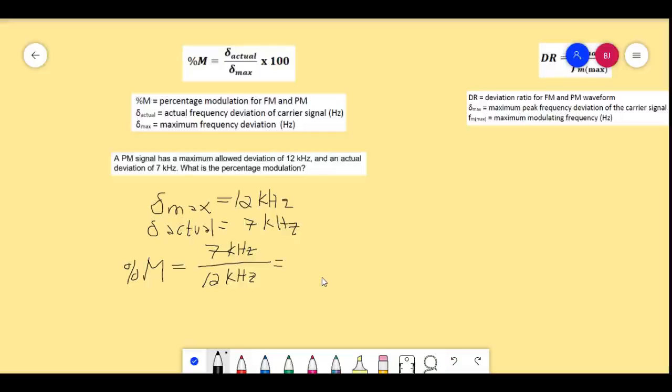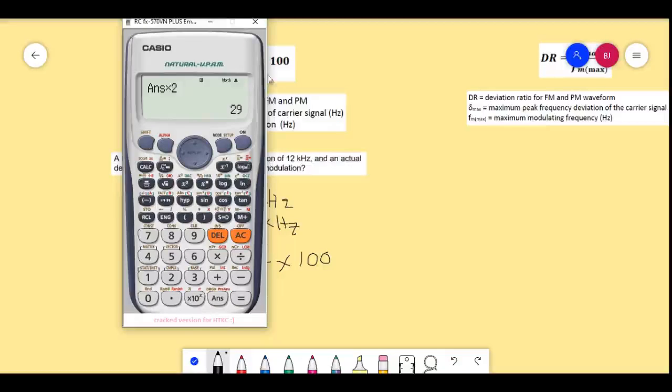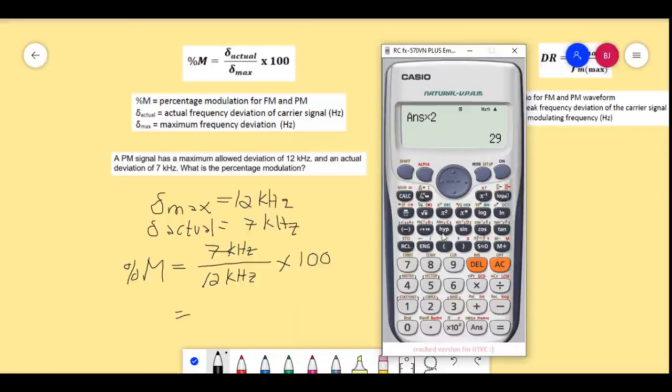As they have both the same prefix of kilo, it would be okay, as mentioned, to divide them directly before multiplying them with 100. So 7 divided by 12 times 100 would result in 58.33%.